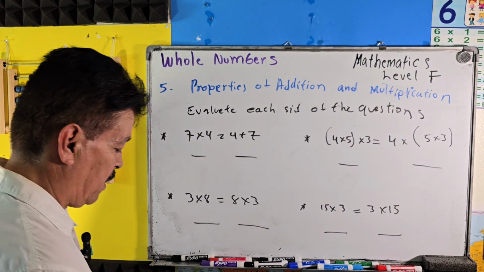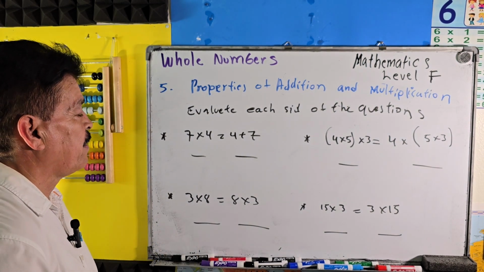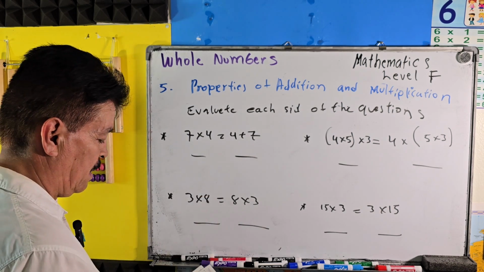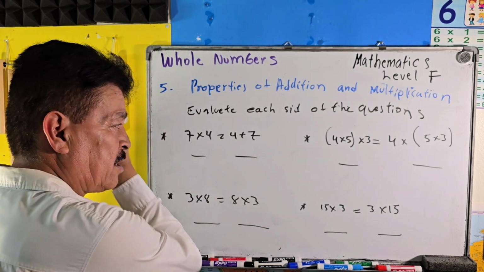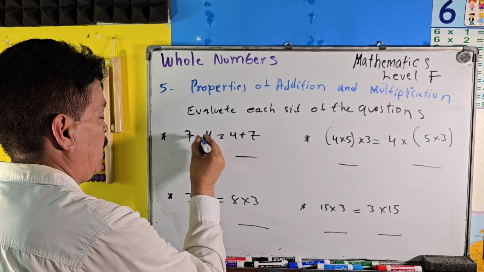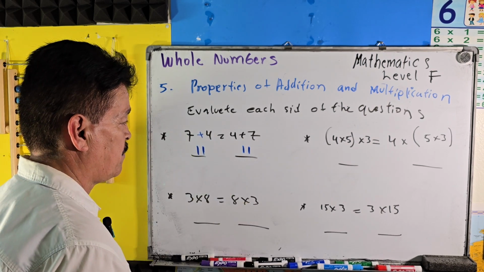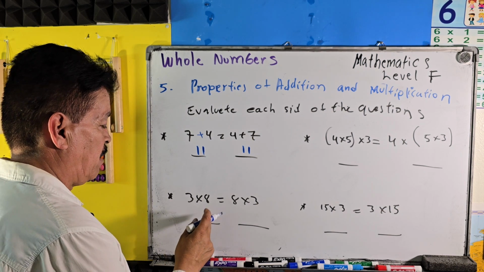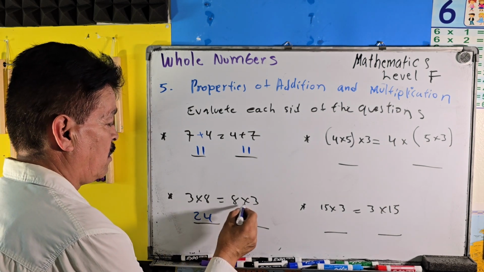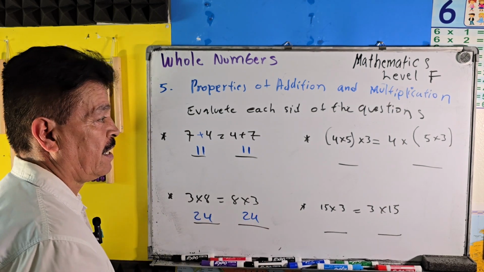Here, the first one, we have this addition: 11 equals 11, right? And then here 3 times 8 is 24, and 8 times 3 is 24. It is the same.